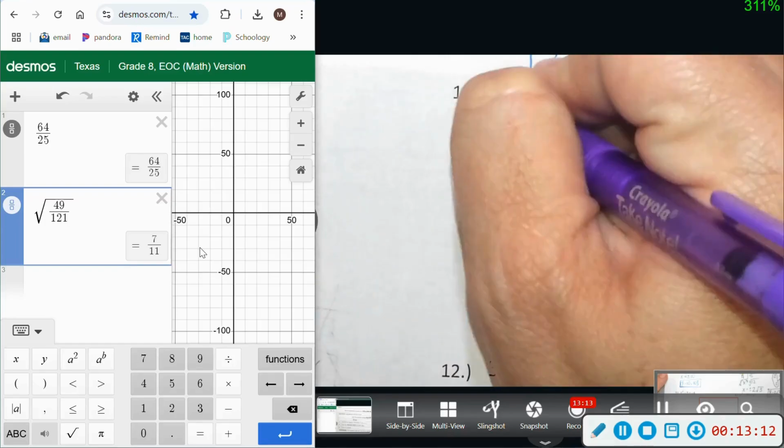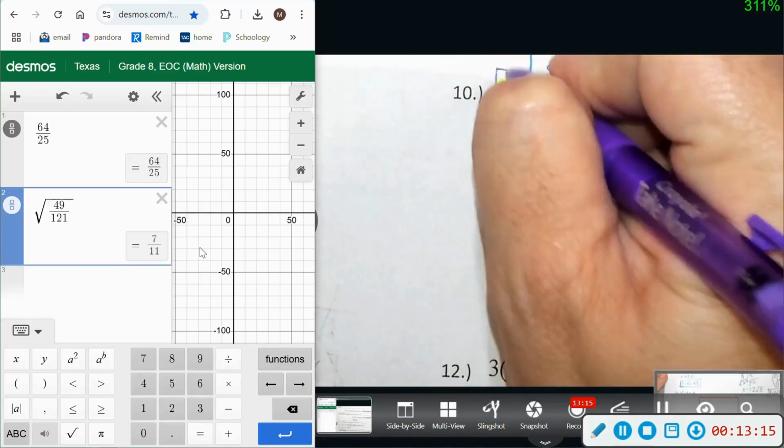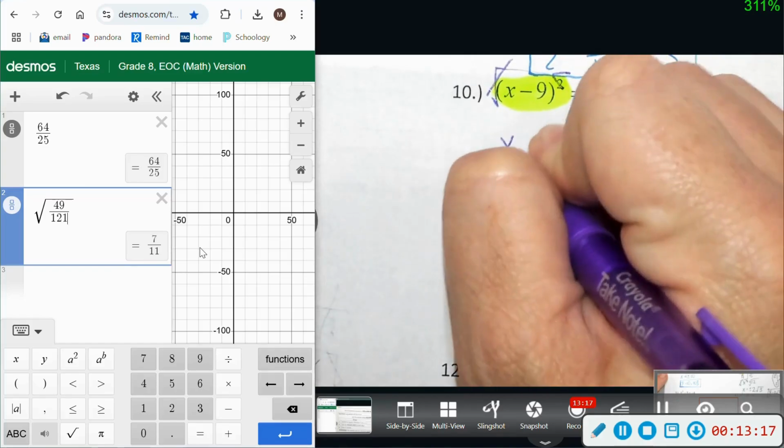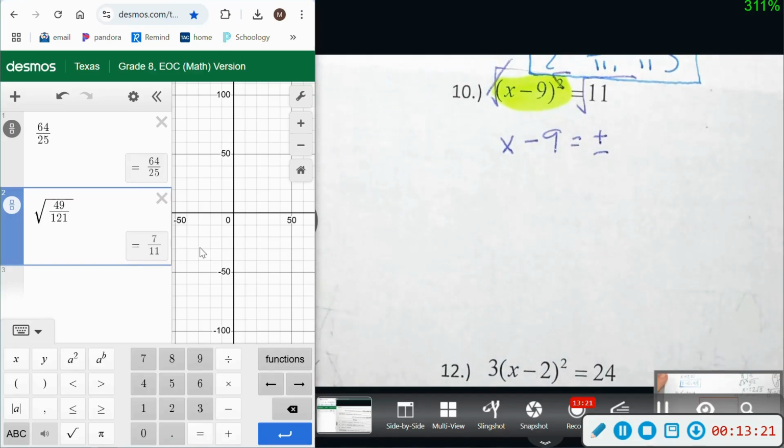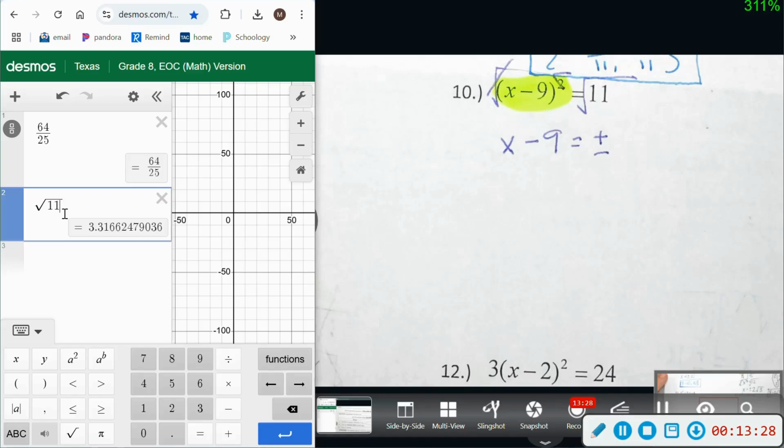Yeah, because what's squared is already alone. Square root cancels the squared, and I get x minus 9 equals positive and negative something. Well, if you type the square root of 11, what does it give you? Yeah, an ugly decimal, okay, doesn't work. So we'd have to break it down.